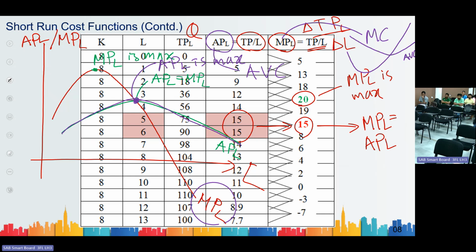In this case, you see AVC and MC are equal here, and at the same point, AVC is minimum. So you observe that these curves are interrelated. They have some relationship. So now we are going to observe those relationships with data.